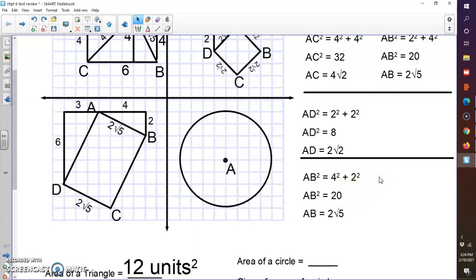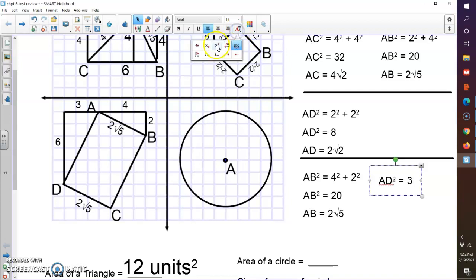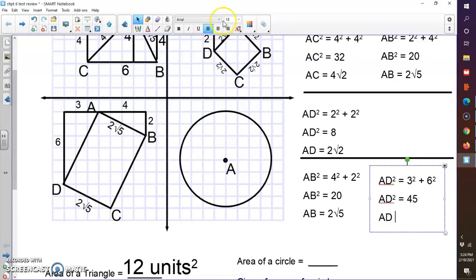And now we have AD squared equals 3 squared plus 6 squared. And that AD squared is equal to 45. And when you simplify that, you get 3 root 5.